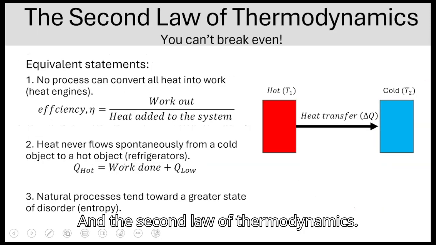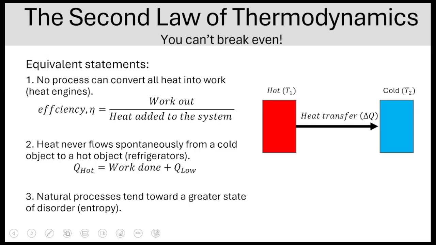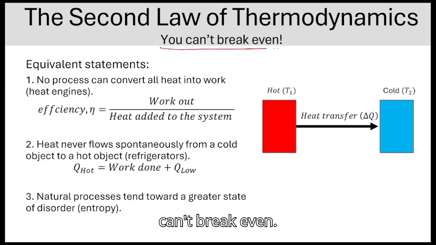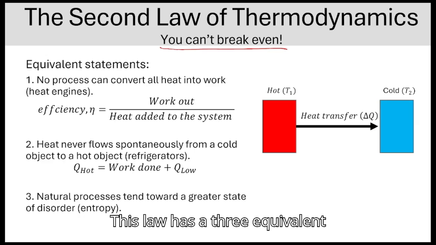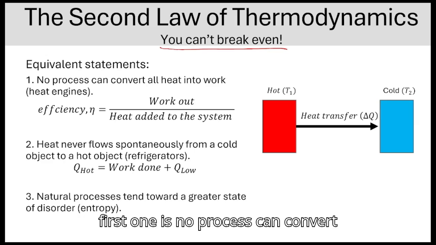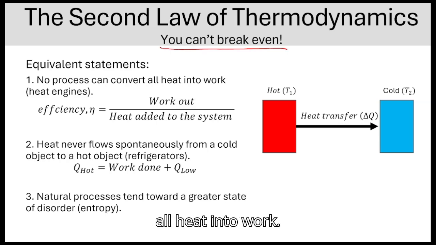And the second law of thermodynamics is often summarized as you can't break even. This law has three equivalent statements. The first one is no process can convert all heat into work.